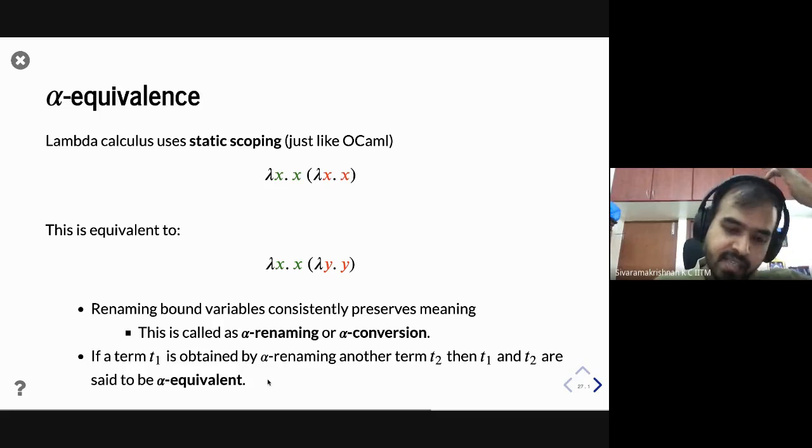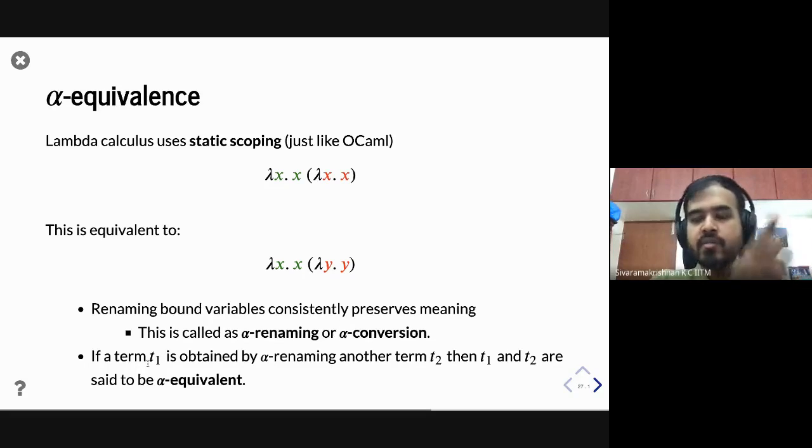And as I mentioned before, if you have a term T1 and it is obtained by alpha renaming another term T2, then we call T1 and T2 alpha equivalent. So that's the definition of alpha renaming.